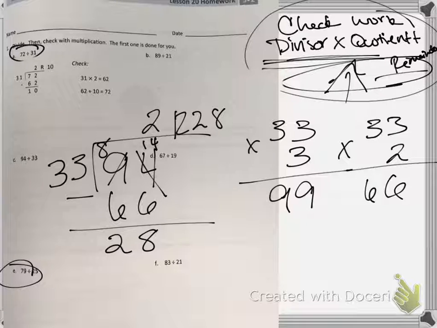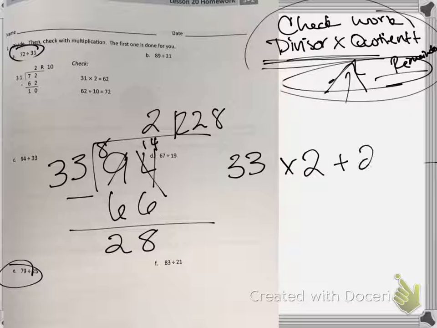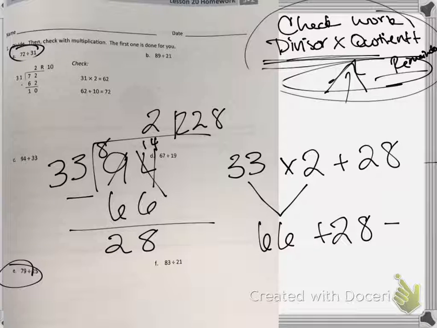And now we have to check our work. So we check our work by doing divisor times quotient plus remainder. So 2 times 33 is 66 plus a remainder of 28. And that'll give us, let's do some vertical addition. 8 plus 6 is 14.